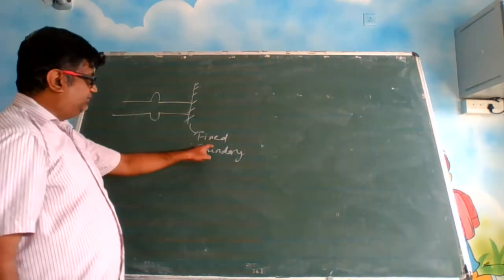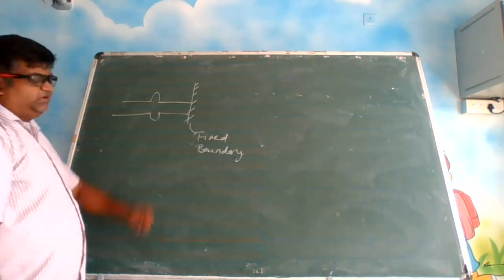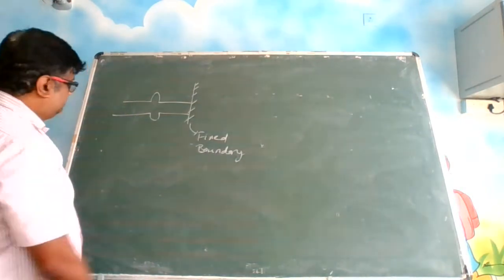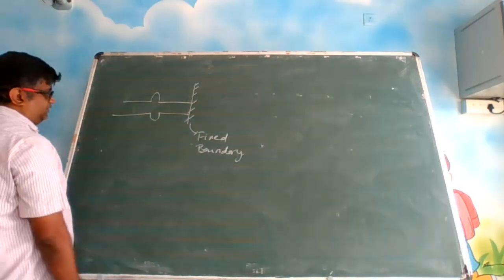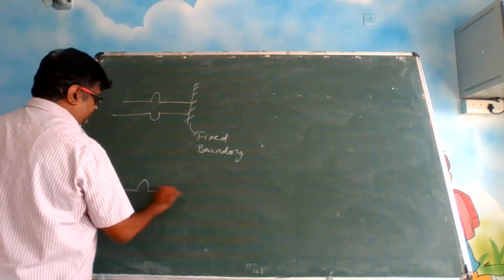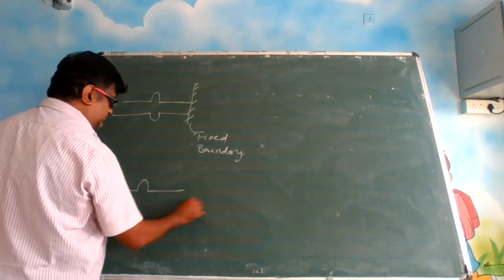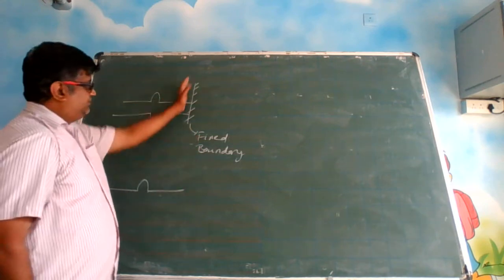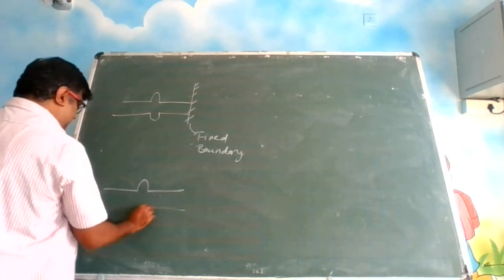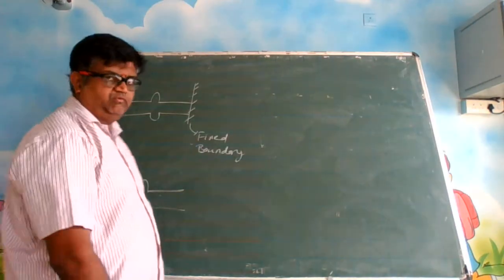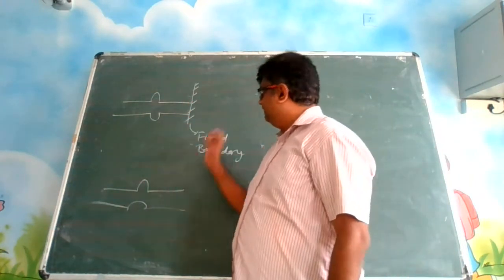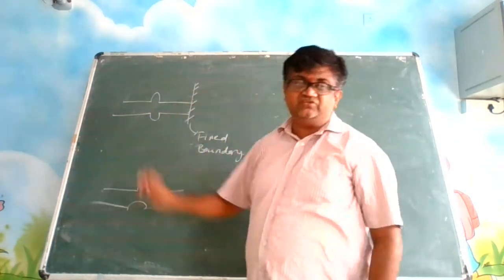Reflected wave hitting the fixed boundary, you will see a phase difference and the phase becomes 180. Had this been an open boundary, it would have continued as it is. If it is a movable boundary, it would have gone back in the same way. But in the case of fixed boundary, it is having a phase change.